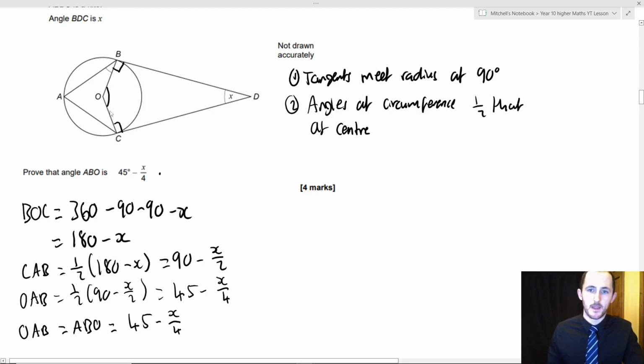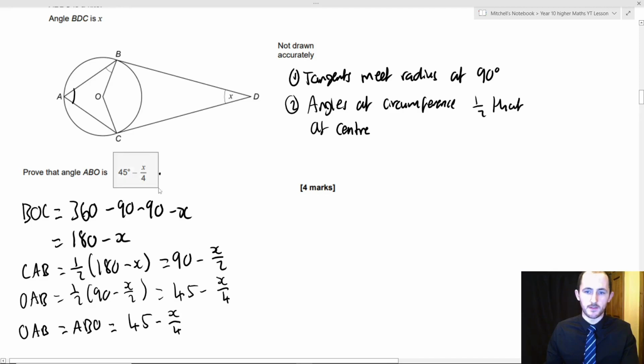Okay? The next thing I did is I know that this whole angle here at A is half the one at the centre because of reason number 2, circle theorem number 2. Angles at circumference are half that at the centre. Cool? And that gave me 90 minus x over 2.